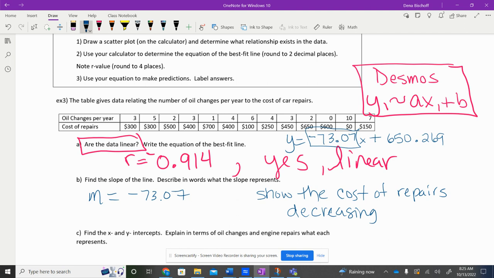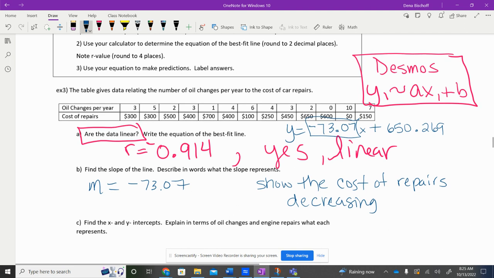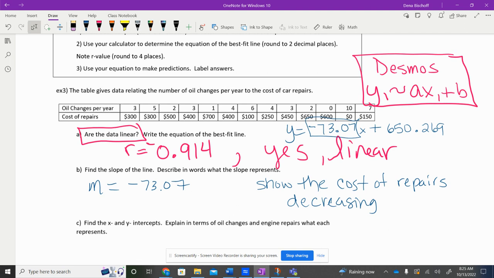Find the x and the y intercepts. Well, we can do that right from our table. I know that the x-intercept happens when y equals 0, and the y-intercept happens when x equals 0. So here are your two intercepts.